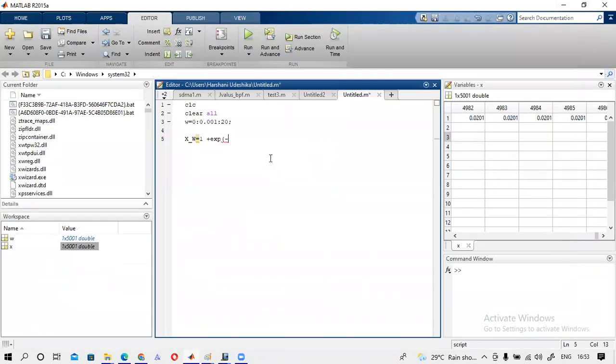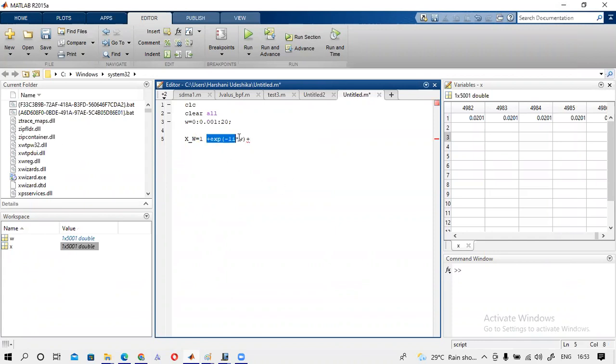So I have minus j. I can type it like this, 1i, so it is j, j omega. Then I have plus.